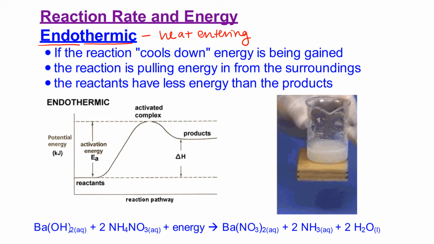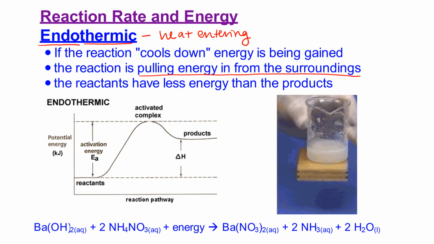When it feels physically cool to the touch, energy is actually being gained into the chemical reaction. That reaction is pulling energy in from the surroundings. And because it's pulling in that energy from the surroundings, it's creating the feeling of a cool environment to the touch, because that heat is being drawn into the chemical reaction itself.